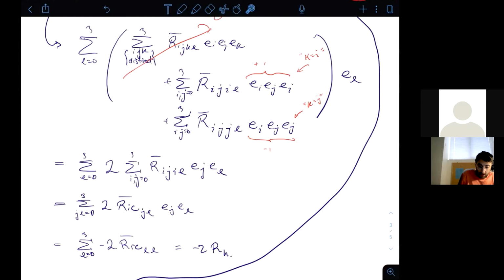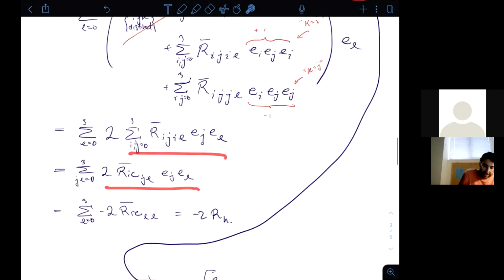All right, so we're here. We recognize that as Ricci curvature. Well, Ricci curvature is symmetric in J and L, and the Clifford multiplication is antisymmetric. So all the terms where the J and L are not equal to each other will vanish. And so we only get terms when they're equal to each other.